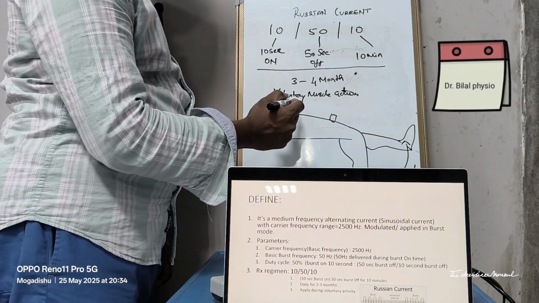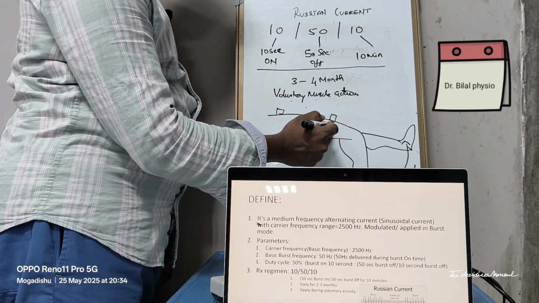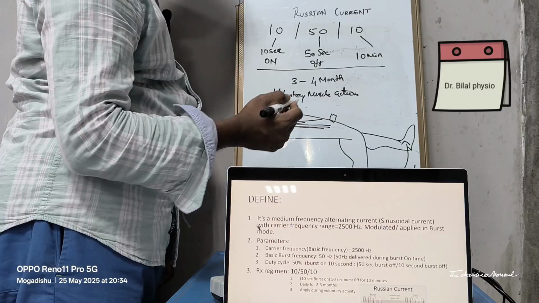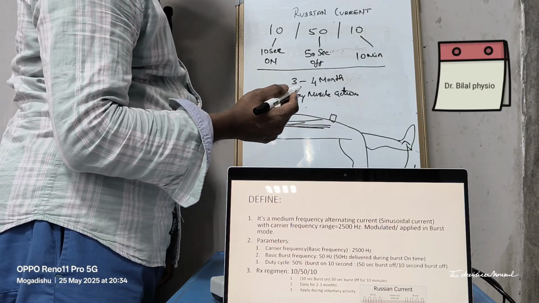So this will recruit more motor fibers inside the quadriceps muscle when we combine it with the voluntary muscle action.